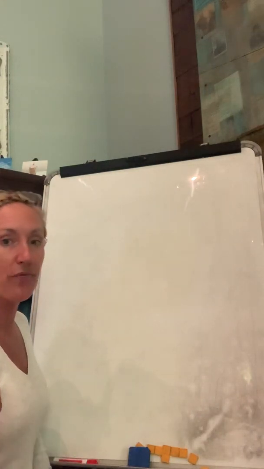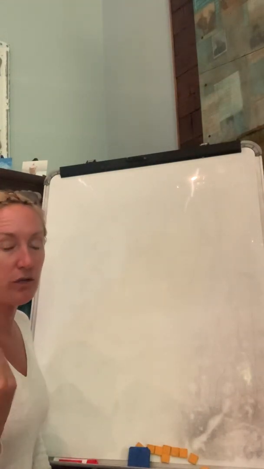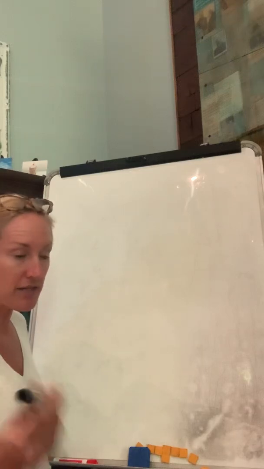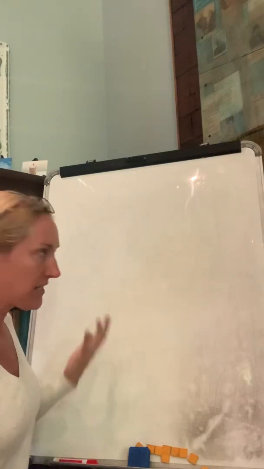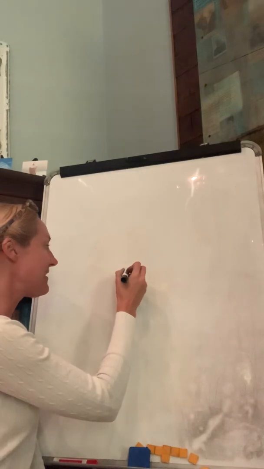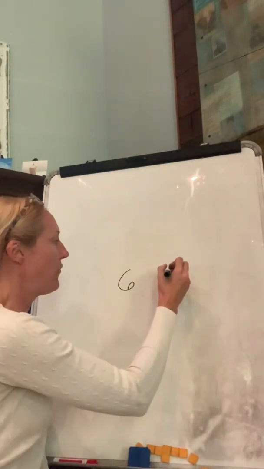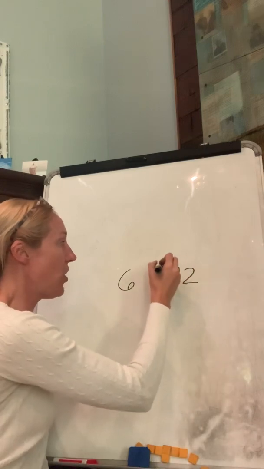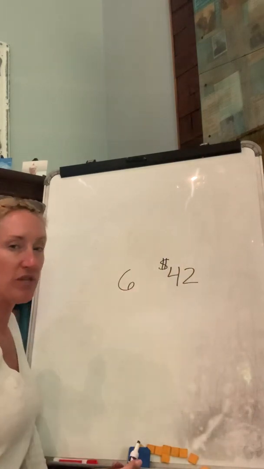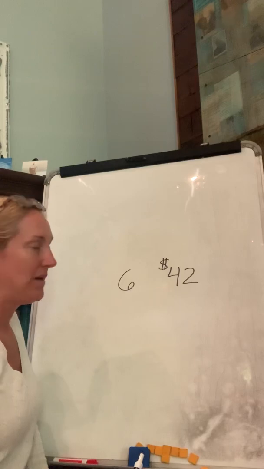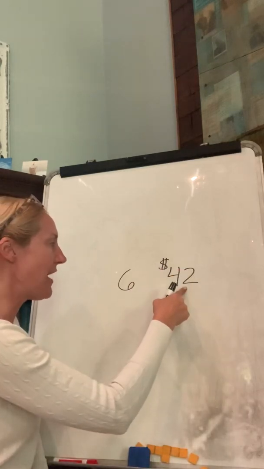So she gets one for everybody in the group, including herself. Okay, so that's, how many of you is that? 6 of you? Okay, so she buys 6 stuffed animals, and she pays $42 all together for those 6 animals. So the whole thing is $42.